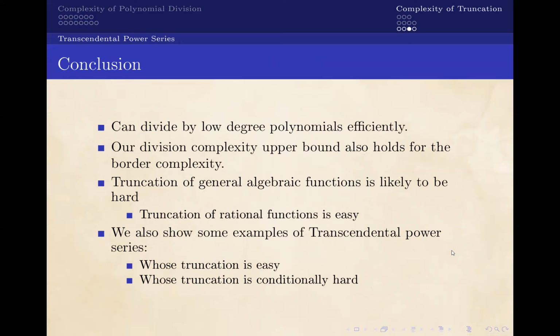We also showed that the truncation of a general algebraic function is likely to be hard. And we also showed that truncation of all the rational functions is easy. And we also showed some examples of transcendental power series which are easy to truncate, and then also one example where truncation is conditionally hard.